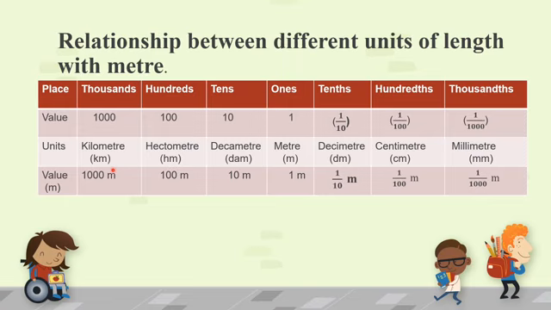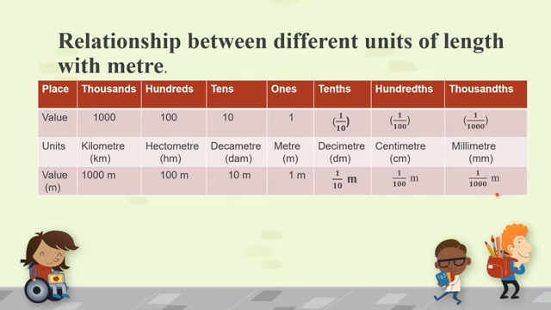Kilometer we write as km, hectometer as hm, decameter as dam, meter as m, decimeter as dm, centimeter as cm, and millimeter as mm, which is the smallest of all units, millimeter.